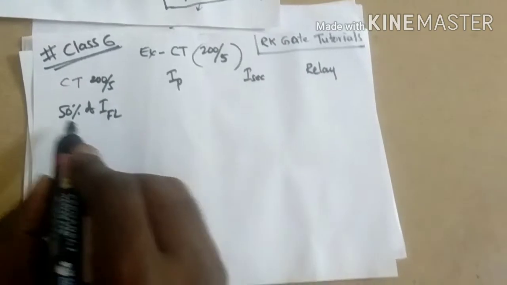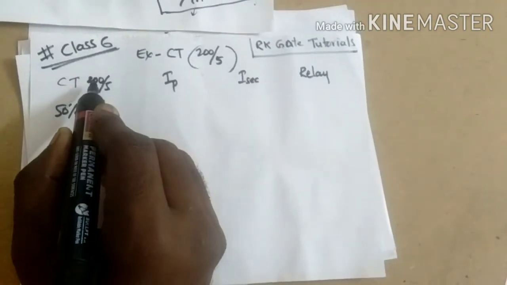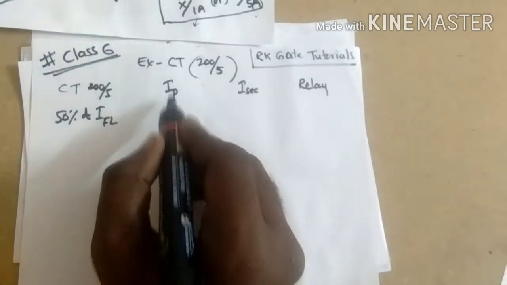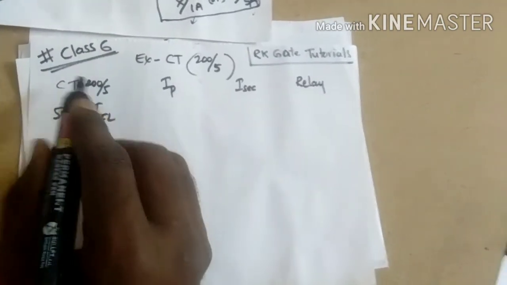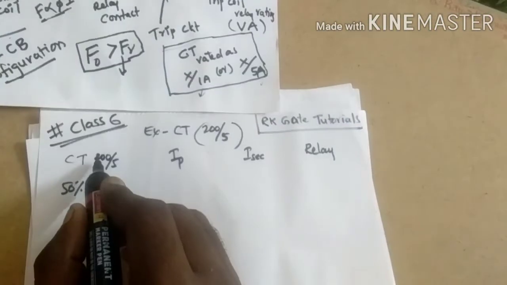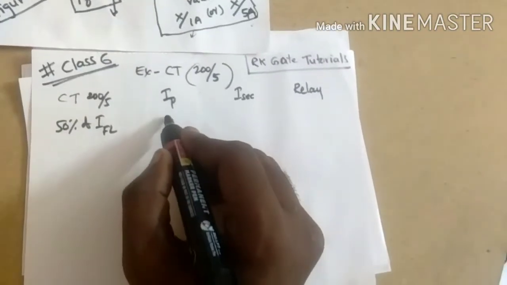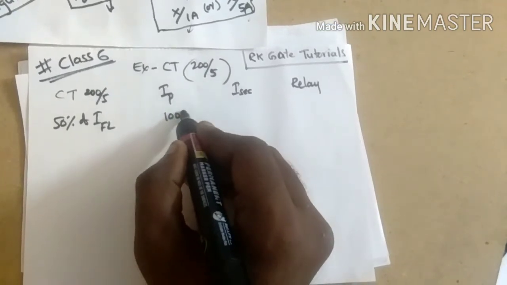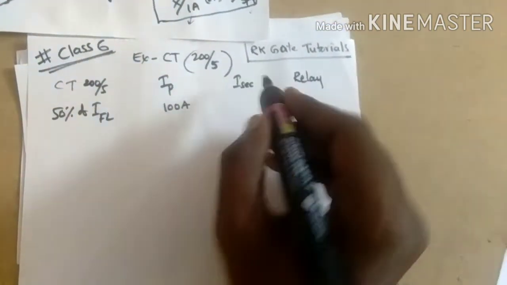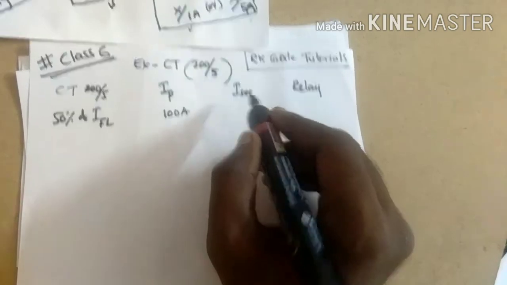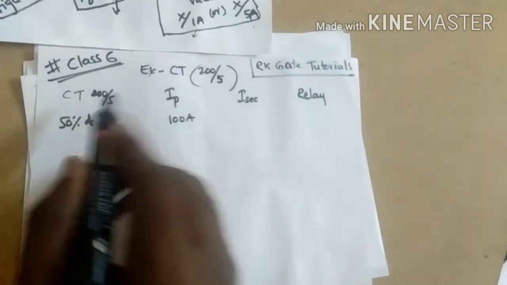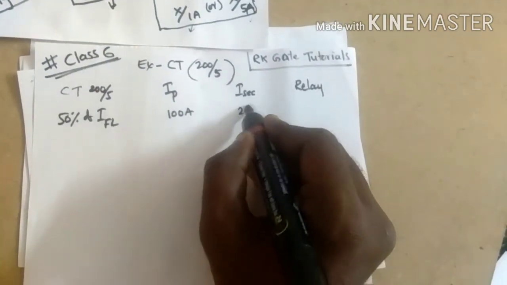How much will the primary current be? We are talking about the primary, not the secondary. So 50% of 200 is 100 amps. And coming to the secondary, 5, 50% of 5 is 2.5 amps.